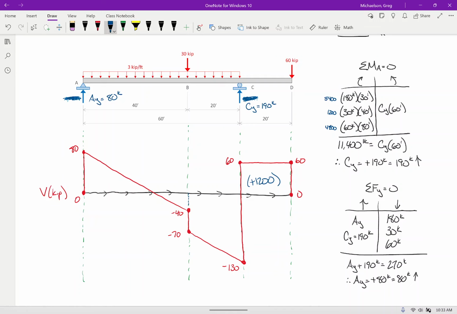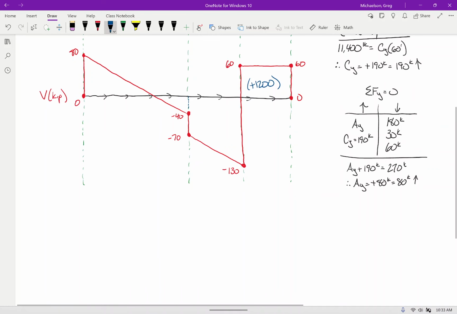Does that make sense? Now, if you want, you could break it up into rectangles and triangles. That's fine too. However you want to do it. It doesn't really matter. But what I will do is I will put a note right here.